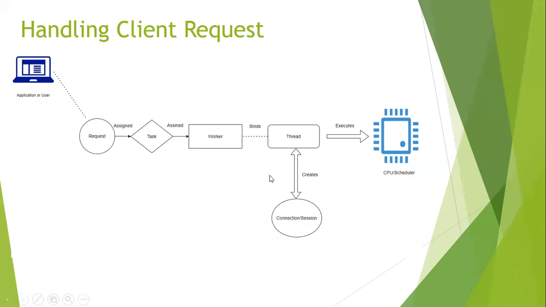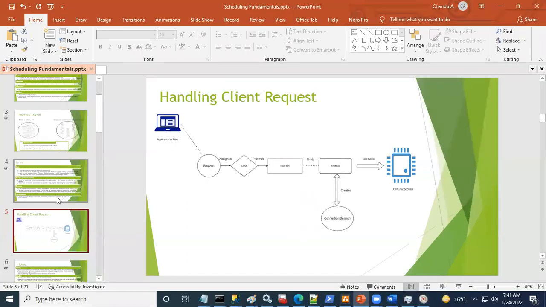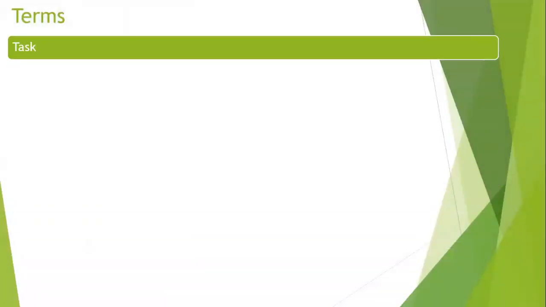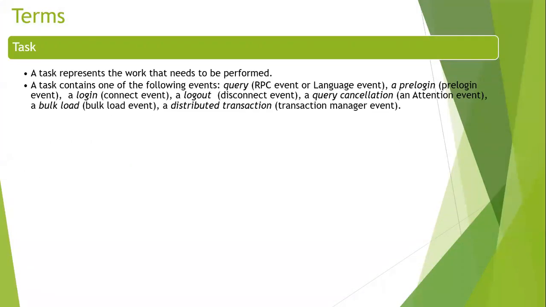Right? So any questions? We will talk about what this task, what this request is, and all here, right? This is how your query executes whenever you open any request or any query. As I said, a task represents the work that needs to be performed, right?